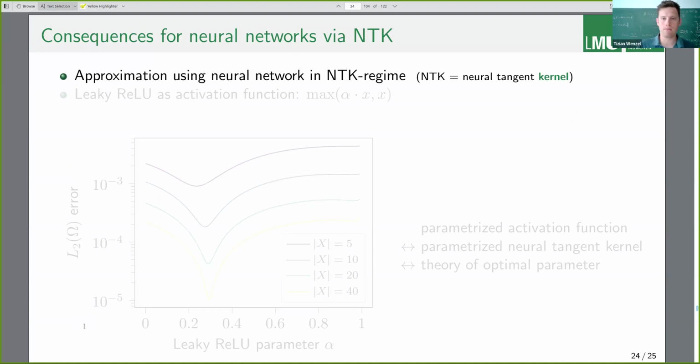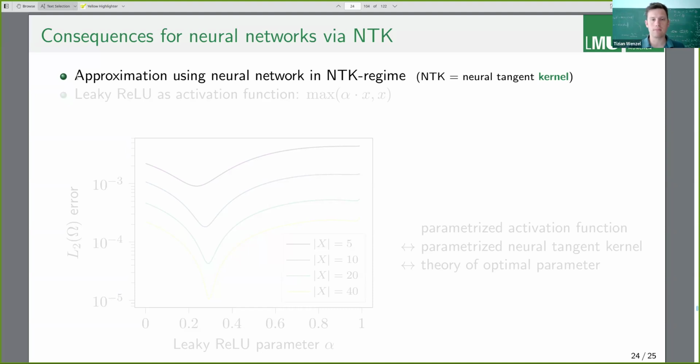For example, making use of the neural tangent kernel, because the neural tangent kernel is also a kernel, and therefore this makes sense. And I will not delve into neural networks here or into the NTK regime now in detail, but I would just like to present a very brief overview of what is happening here.